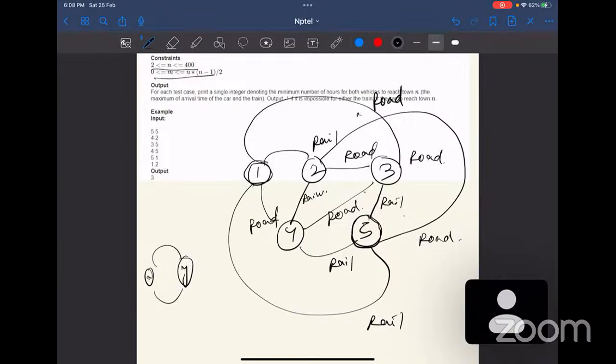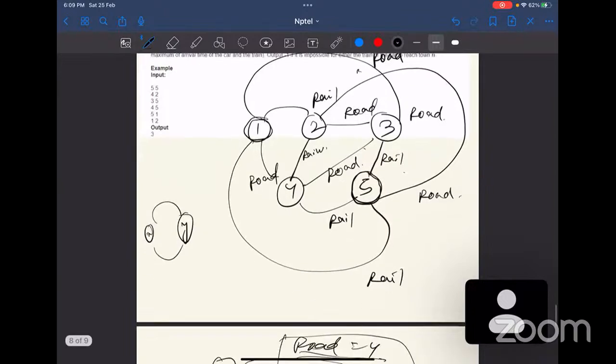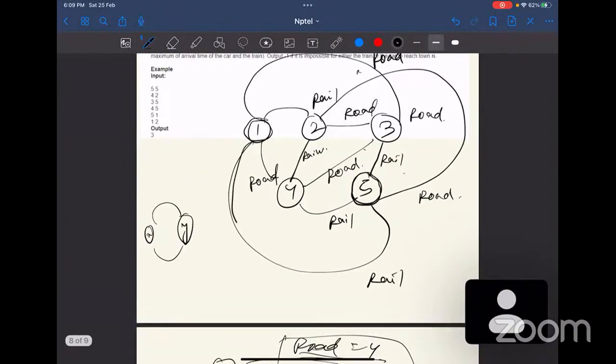And what is the minimum time taken by the railway? 1 and 5 are connected directly by the railway, so the minimum time taken by the railway is 1.